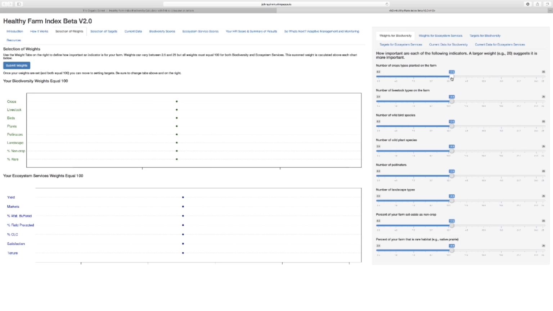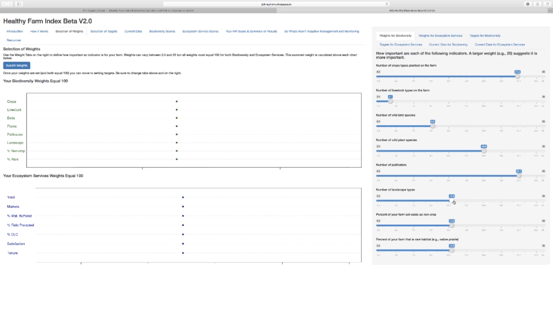So you could say, for me, it is important to have a high crop diversity, so I'm going to raise this. Having livestock as part of my operation is less important to me. I like birds, but I find plants are more important, and pollinators are essential.